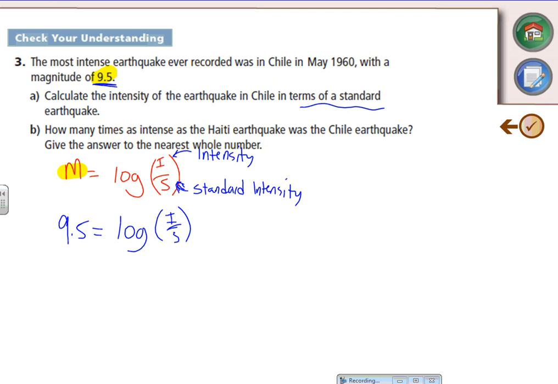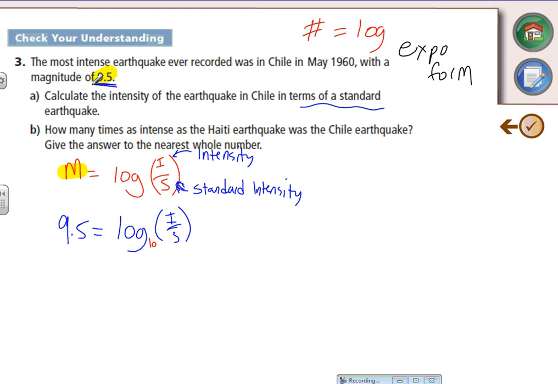Well, we know that this is base 10. We've got a number equal to a log. I told you that before. When we have a number equal to a log, we take it to exponential form to solve. If we had a log equal to a log, then we can drop the log. But a number equal to a log, take it to exponential form.